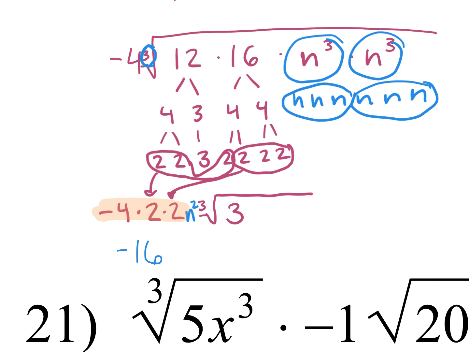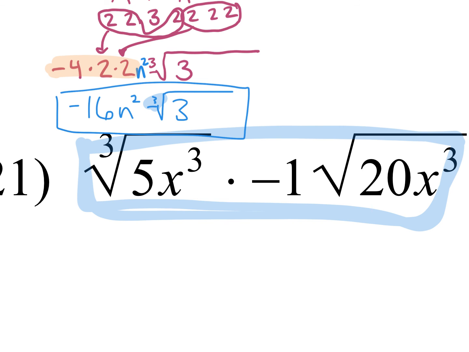And then what else do I have on the outside? n squared. And then I have the cubed root. So I keep that 3 as my index. Whatever the index is in your question, you have to keep it in your answer also. So I keep that cubed root, and I have a 3 on the inside. So this is my answer.